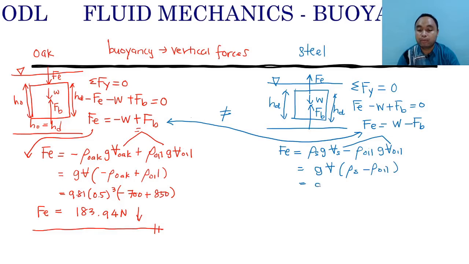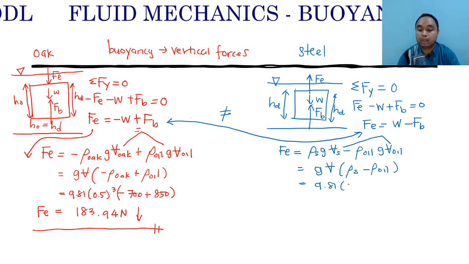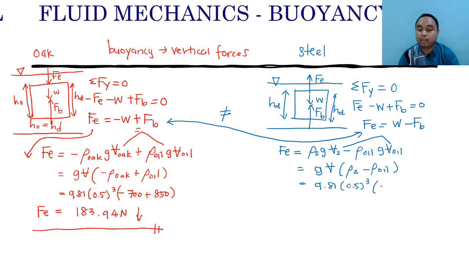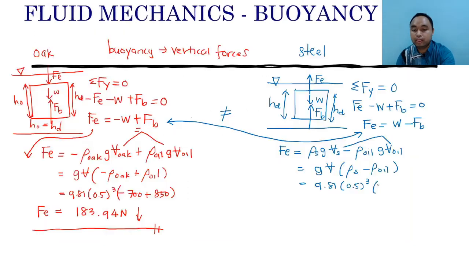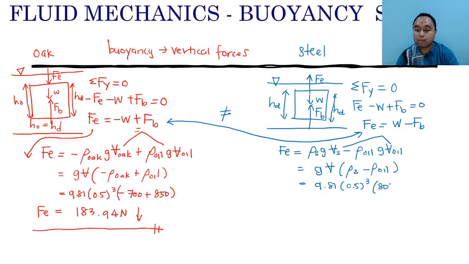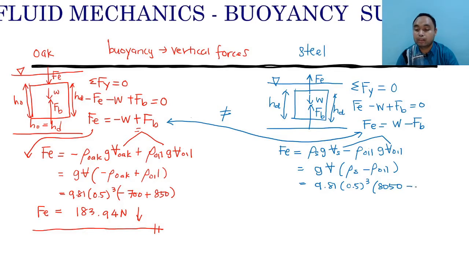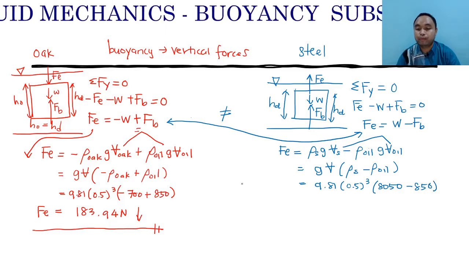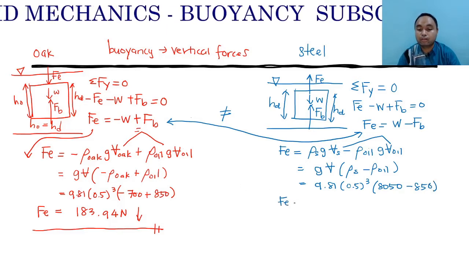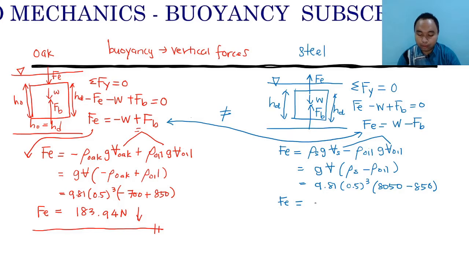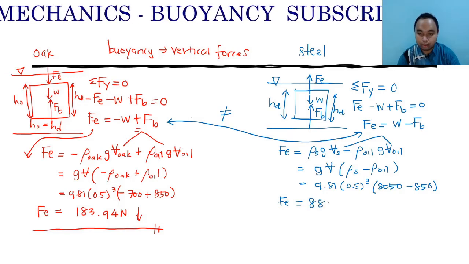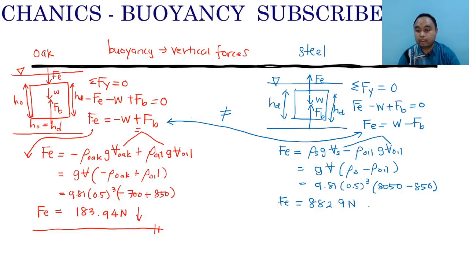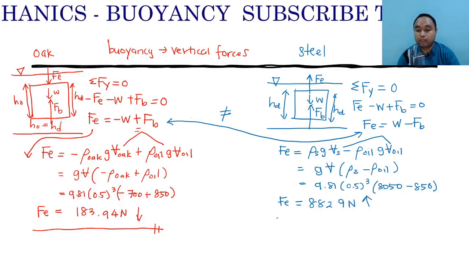It will become 9.81 multiplied by 0.5 cubed multiplied by 8050 minus 850. So the answer for external force will be 883.9 Newton, and the direction of the force is upward.